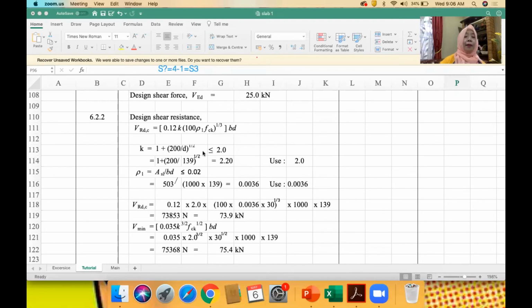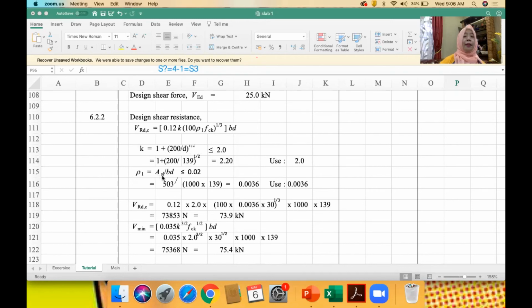So the k value obtained here, input the d, so you got 2.20. So it is greater than 2, so you use 2, because k must be less than or equal to 2. So what you found here is greater than 2, therefore we use 2.